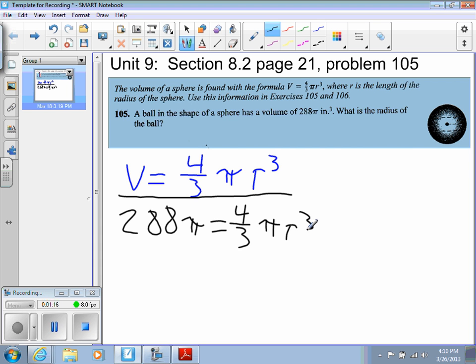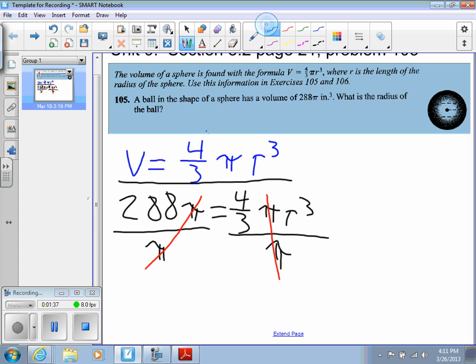First of all, I see pi on both sides. Let's deal with that. Let's divide both sides of the equation by pi. And what happens? It goes away. It cancels out on both sides.